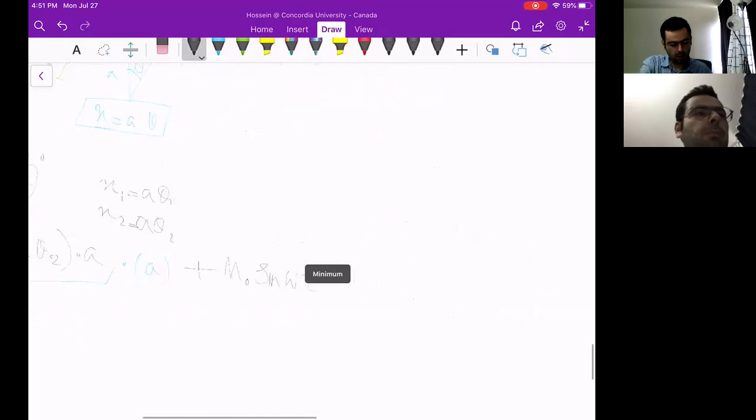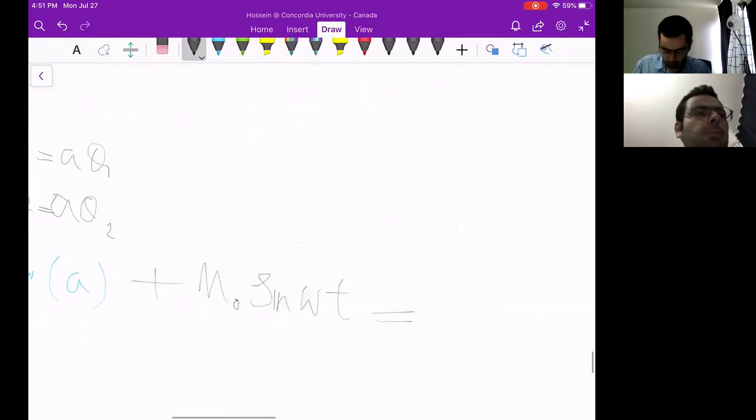So all the momentum would be equal to I theta double dot 1.